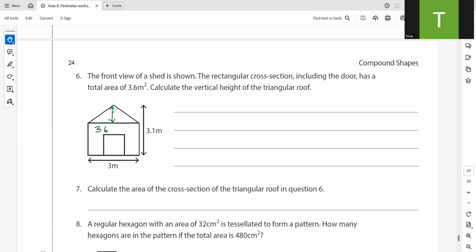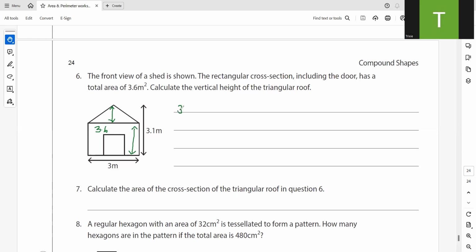So to find the vertical height of the triangle roof, we need to find the height of the rectangle cross section, which is this part. Then we can take 3.1 meters minus it and get the vertical height of the triangular roof.